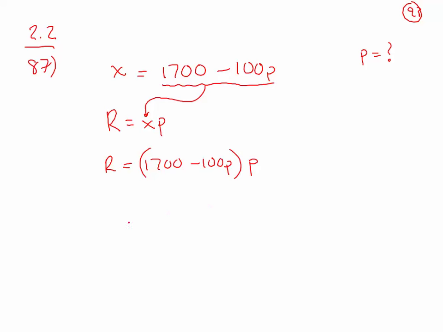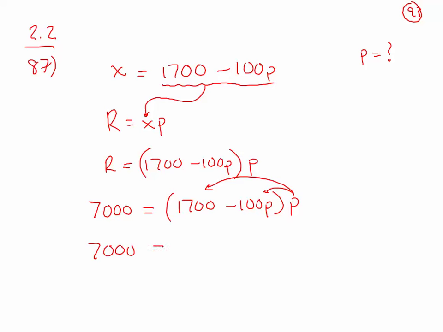And then we also know how much we want: a daily revenue of $7,000. So that's what we really are looking for. So again, it's really a factoring problem, just set to a business model here. Okay, so multiply in. How about 7,000 is equal to 1700p minus 100p squared.